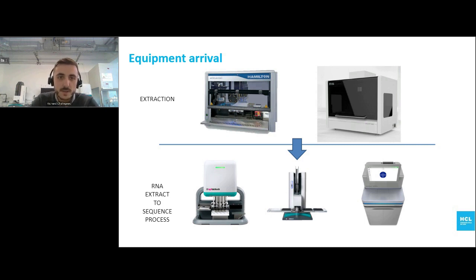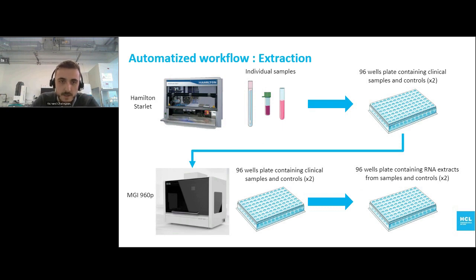The first one is the extraction process. Individual samples are sent to the lab from clinical hospitals or private and public laboratories in different tube formats. They are reformatted into a 96-well plate containing the clinical samples, with the addition of positive and negative template controls. The Hamilton does this process twice, resulting in 192 samples per run.